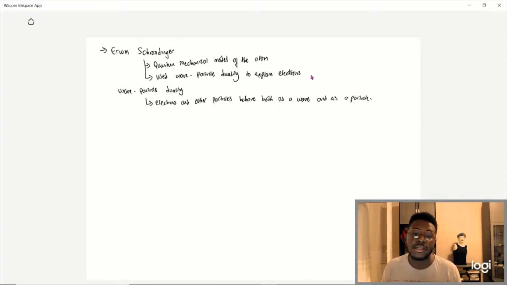It means that if you have an electron, you can see the electron as a particle. This is the electron as a particle. Or you can see the electron as a wave. This is the electron as a wave. The real behavior of the electron, the real structure of the electron, is somewhere in between.